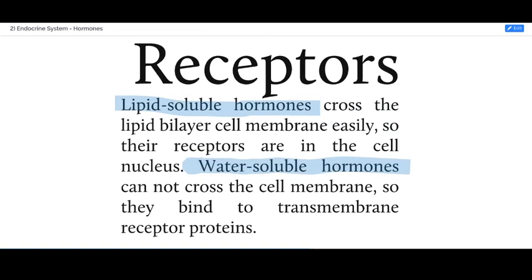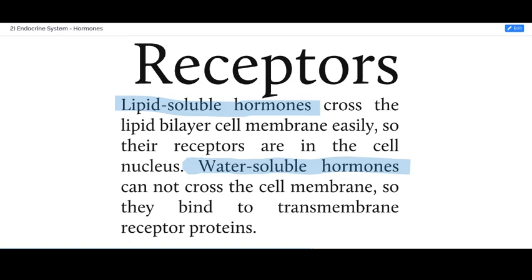The other important aspect of considering the solubility of hormones is how they react with their receptors. Now remember, receptors are necessary to call a cell a particular target of a hormone. Without a receptor, the cell will not respond to the hormone whatsoever.